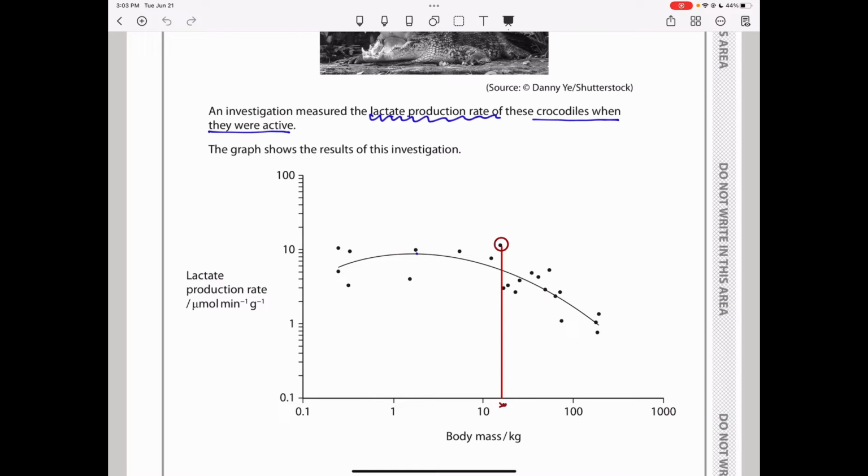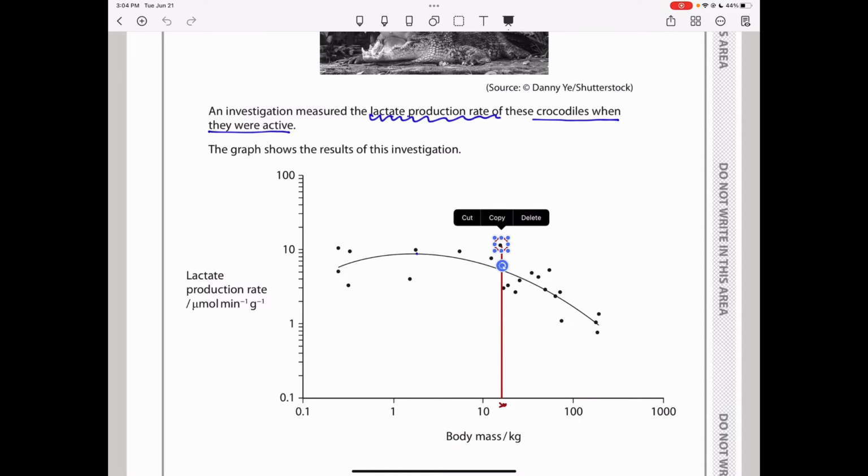I cannot say this is a positive correlation or a negative one, because you can see some of the smaller crocodiles produce the same amount of lactate as the bigger or larger crocodiles. So there is no direct relationship between body mass and lactate production. That is the second point we can see here. And the third point we can see is this one here. This is about 20 kilograms. The 20 kilogram body mass crocodile produced the highest rate of lactate.